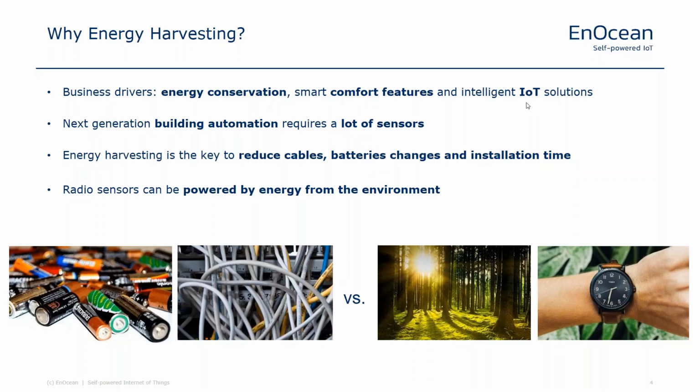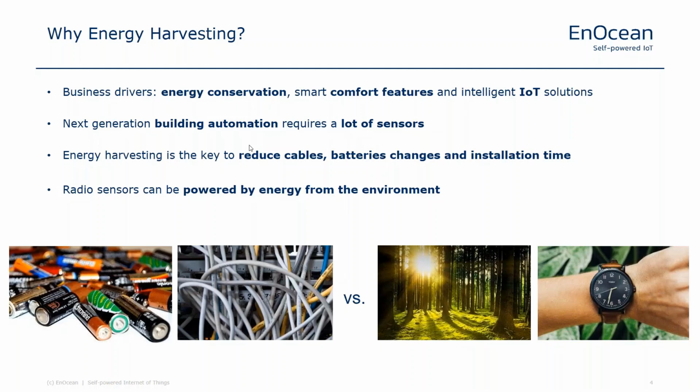For example, room occupancy. During the Corona crisis, we have a lot of requests for this. Next generation building automation requires a lot of sensors. Yeah, we have already buildings or office buildings with 10,000, 30,000 or even more sensors in one building.